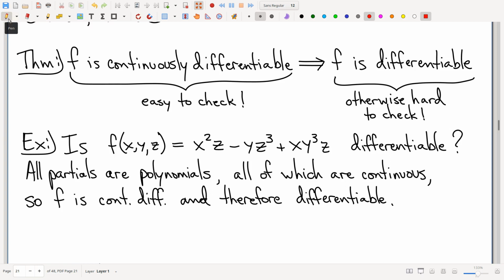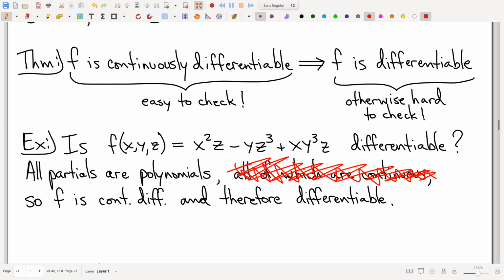So, for example, here's what I would imagine I've seen the equivalent of in many cases. Students just not mentioning this part. Now let me scratch that out and complain about what the remaining words are lacking. The remaining words say correctly that the partial derivatives are polynomials. That is true. The partial derivatives are polynomials. And then the student immediately concludes that the function is continuously differentiable. Here's the thing.